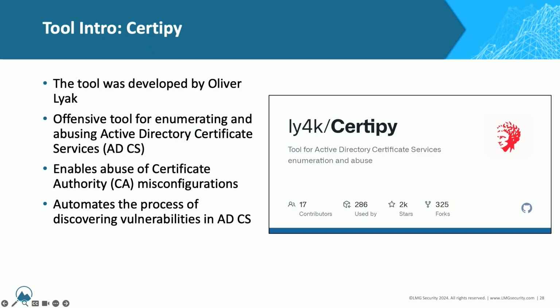Yeah, the tool that we most often use, especially once you have a low-level set of credentials in an organization, is a tool called Certify. Certify is a Python-based tool that enables you to query Active Directory and locate not only all the certificate authorities, but all of the templates allocated to those certificate authorities. It then analyzes both the CAs and the templates for common misconfigurations or vulnerabilities in the context of the user that you're logging in with.